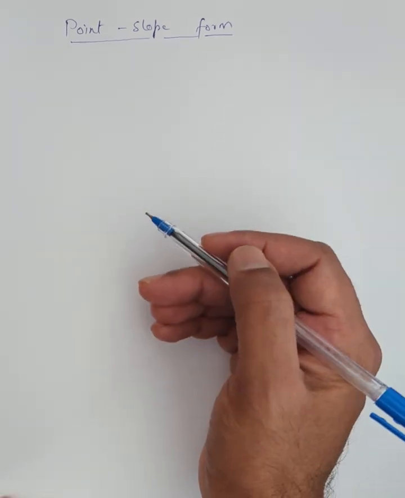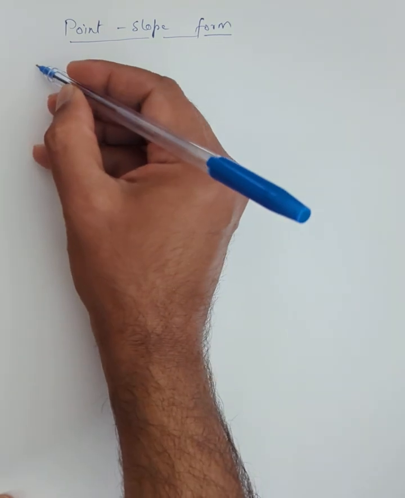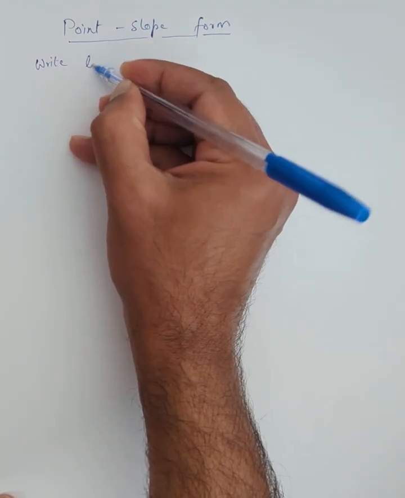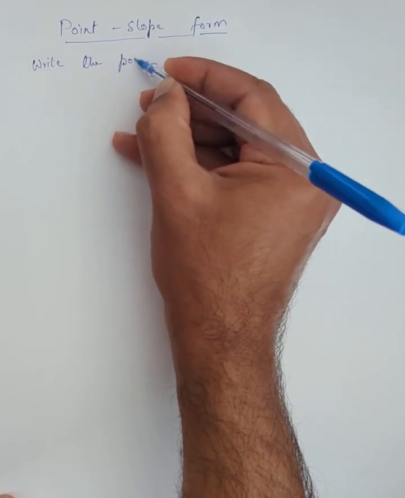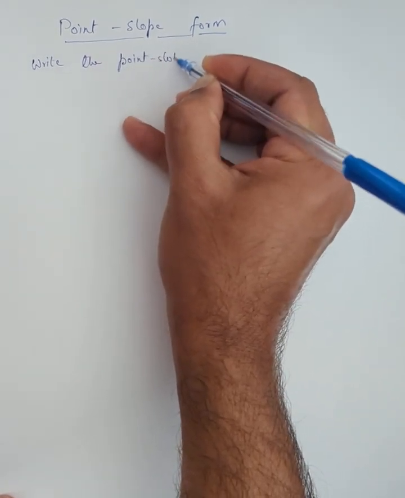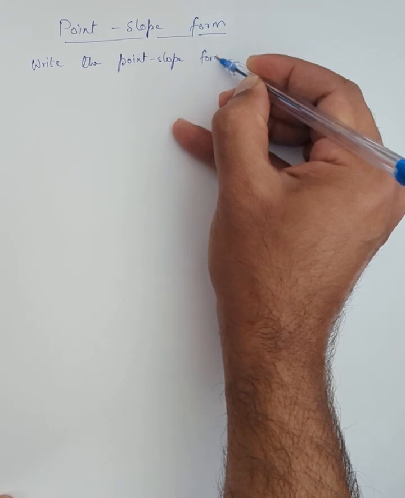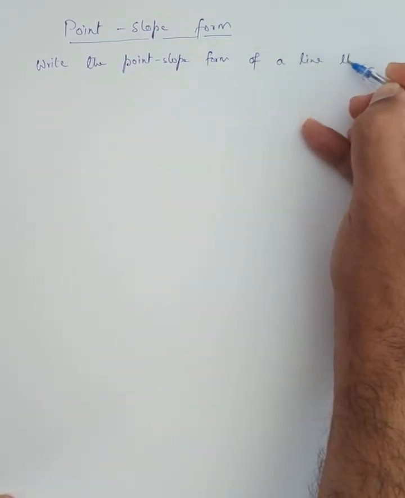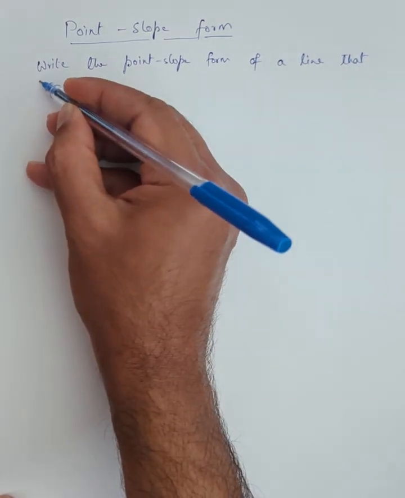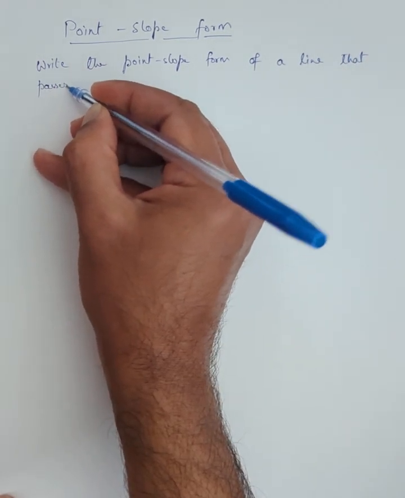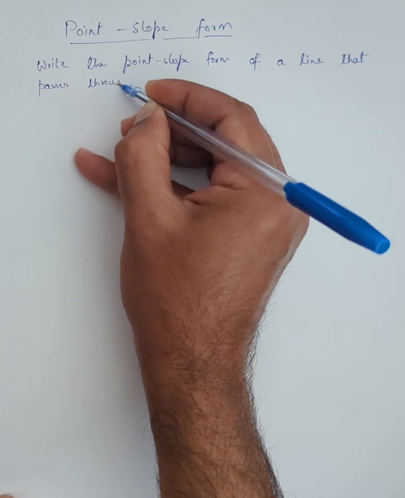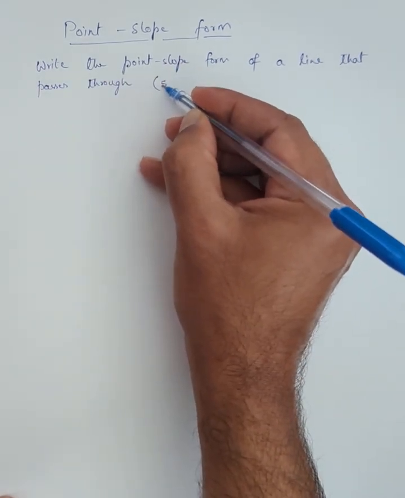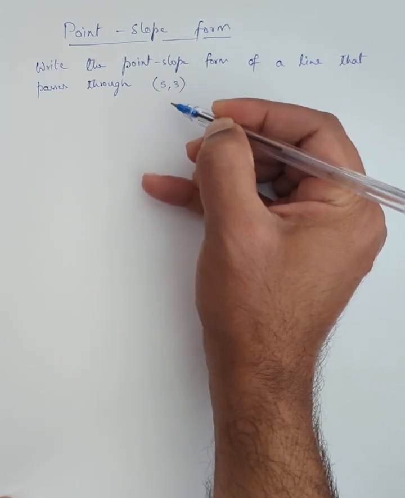So say you have a problem: write the point slope form of a line that passes through a point, let's say 5, 3.